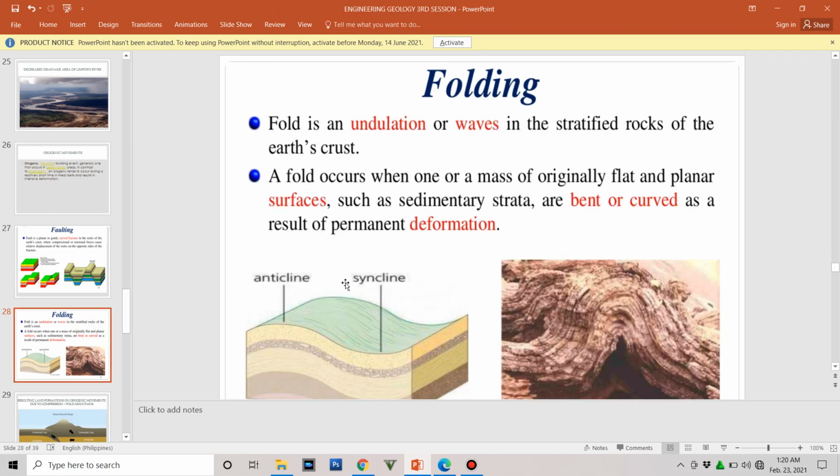So yung fold naman, so as a review, meron tayong tinatawag na syncline. The syncline is a portion where it is the lowest point on the concave. Okay, and then the anticline is the highest point of the concave caused by the folded rock.